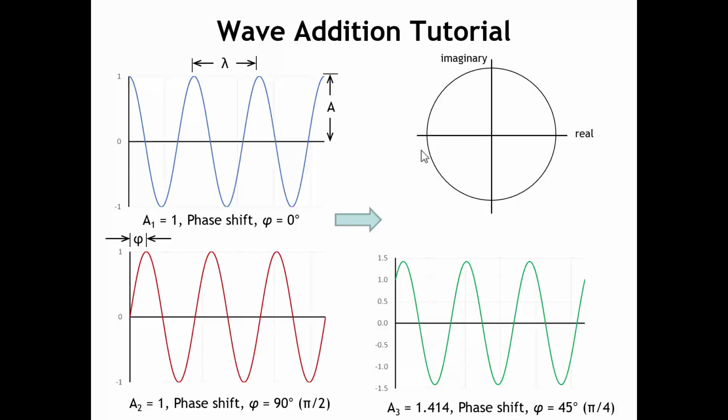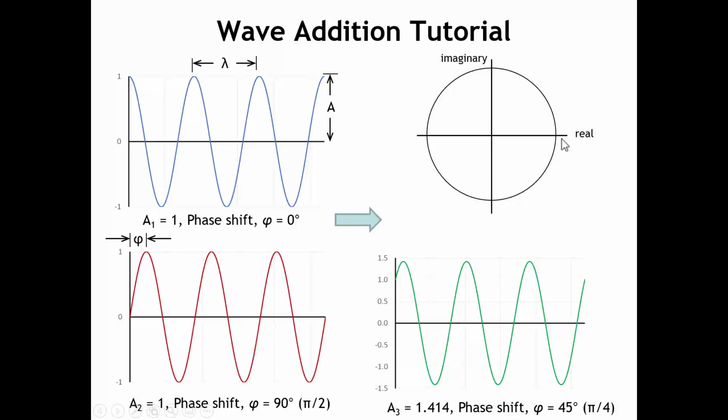We're going to map each wave onto this kind of plot, which contains a real axis as the horizontal or x-axis and an imaginary axis as the vertical or y-axis. All right, so we're going to represent each wave with a complex number. And how do we represent this wave on this plot?